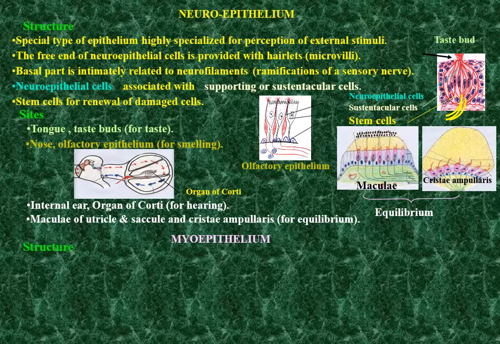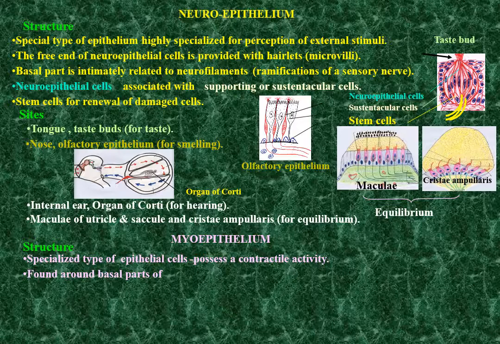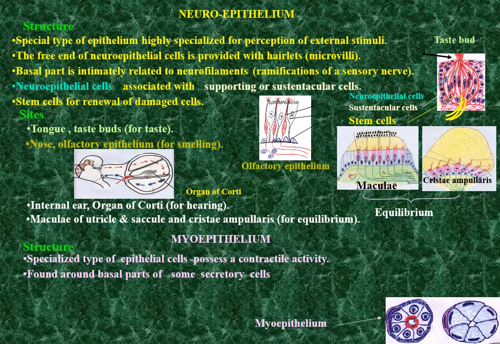Myoepithelium structure. Myoepithelium is a specialized type of epithelial cells which possess a contractile activity, found around the basal parts of some secretory cells, located between the basal lamina and the basal pole of the secretory cells, helping them to squeeze their secretion.